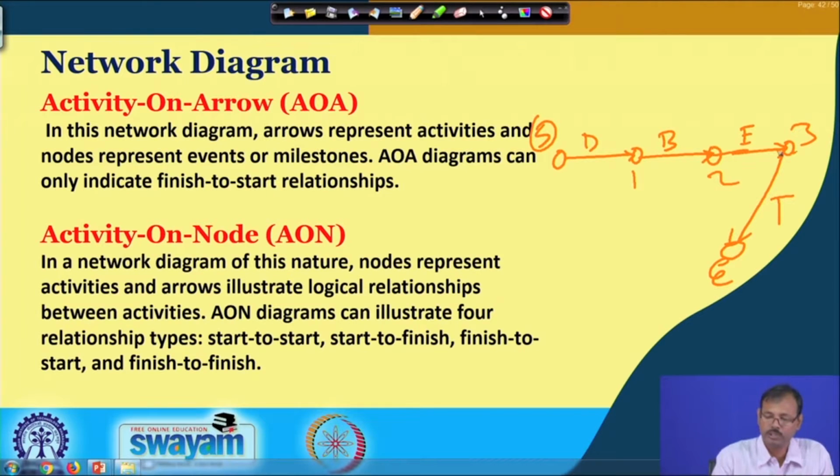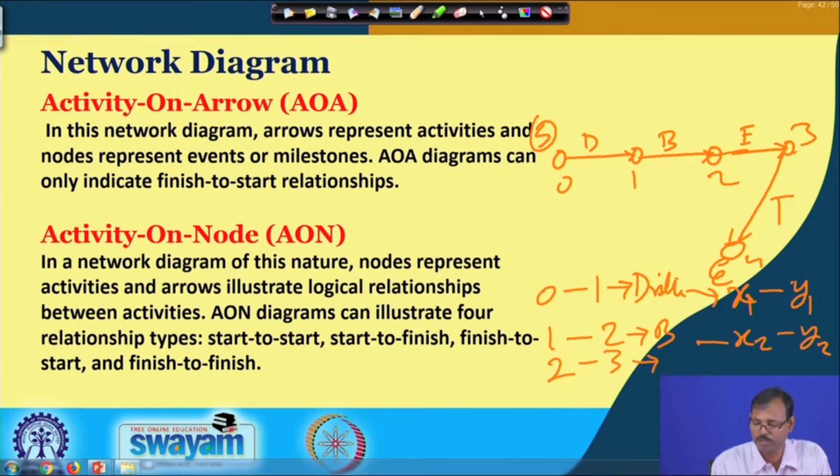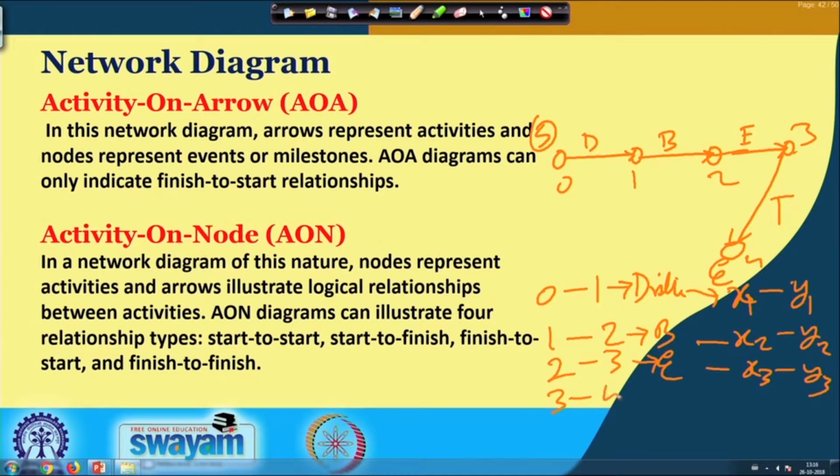So, from the starting point 0 to 1, the arrow describes the drilling activity, and this drilling activity has characteristics: it takes x1 time and y1 cost. 1 to 2 is the blasting activity that takes x2 time and y2 cost. 2 to 3 represents the excavation activity, x3 and y3, and 3 to 4 is the end point, which gives us transportation, that takes x4 time and y4 cost.